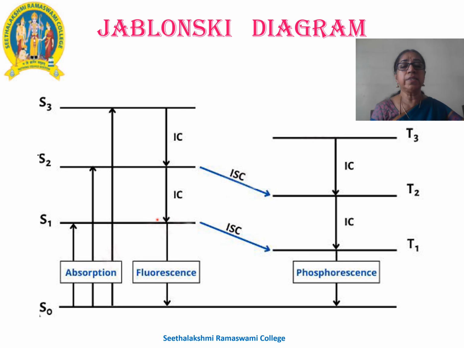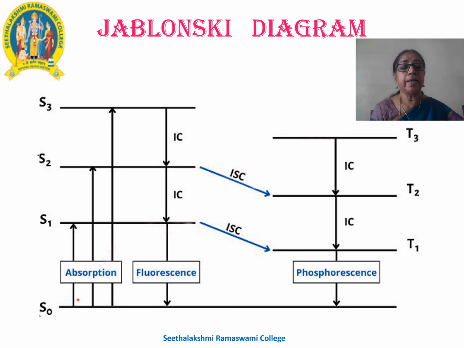Always S1 state has higher energy than T1 state and S2 has higher energy than T2 state. That is, triplet states are lying at a lower energy level than their corresponding singlet states.